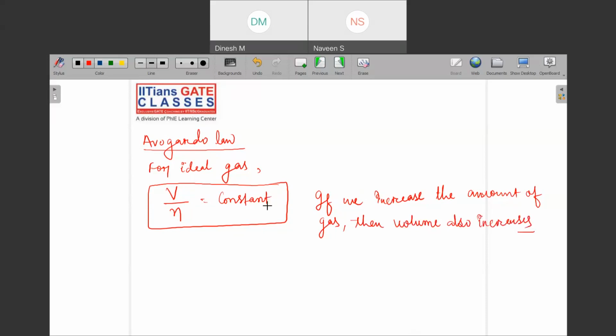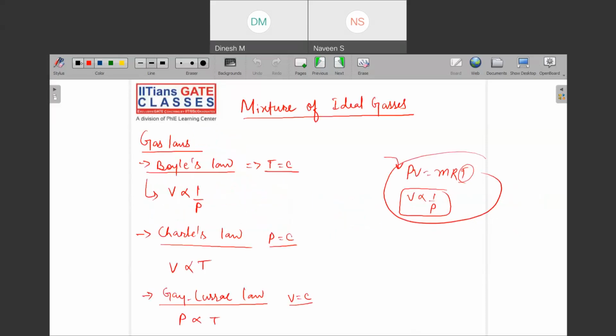Very important laws. Sometimes in the exams, we have seen that they will ask you simply about the gas laws. So we should know that Boyle's law was dedicated to whom? Temperature is equal to constant. Or we can also remember it in terms of volume: Boyle's law relates volume with whom? Pressure.